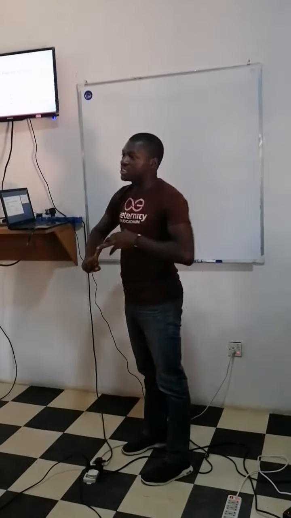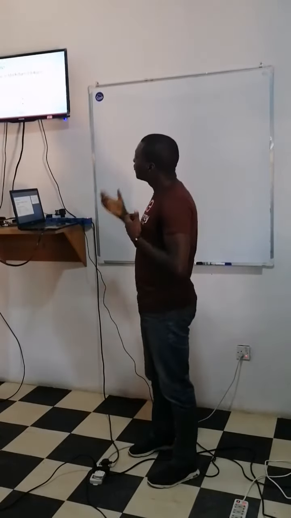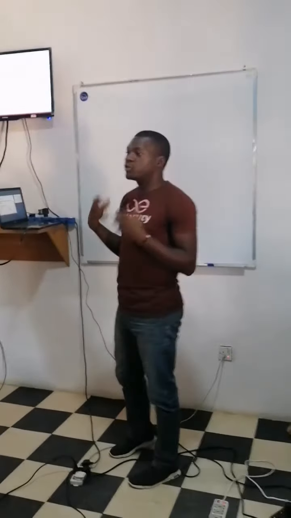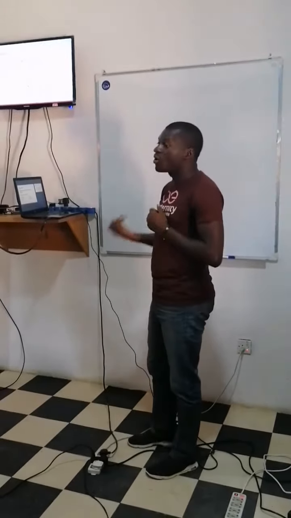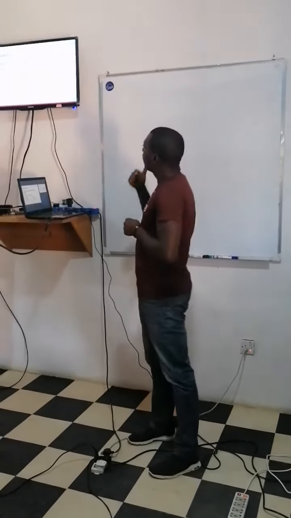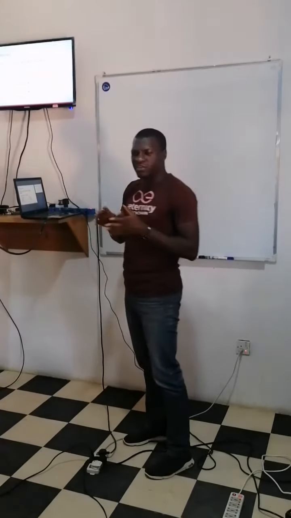Efficiency, real world data. Ethereum didn't have the functionality to have real world data plugged into the blockchain. Contract security, there were quite a lot of security issues with Ethereum.